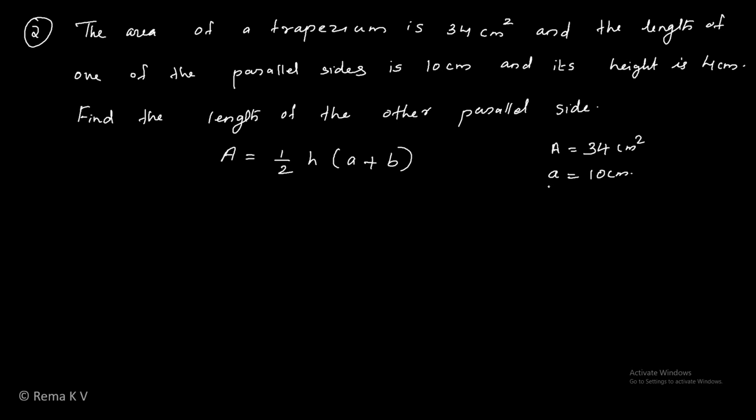This is the notation for one parallel side, A and B. Either you can write A is equal to 10 or you can write B is equal to 10. And then H is equal to 4. Very good, Anakha. And B is unknown here. We have to find out that. Okay. Is it clear?